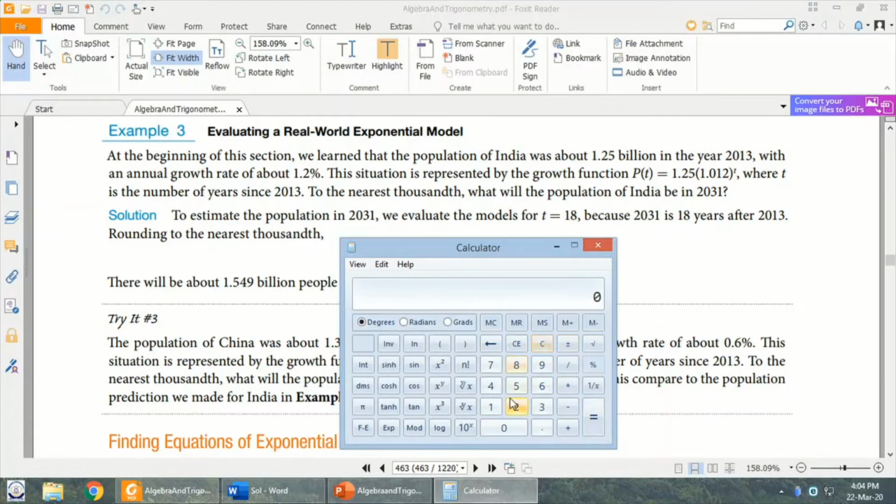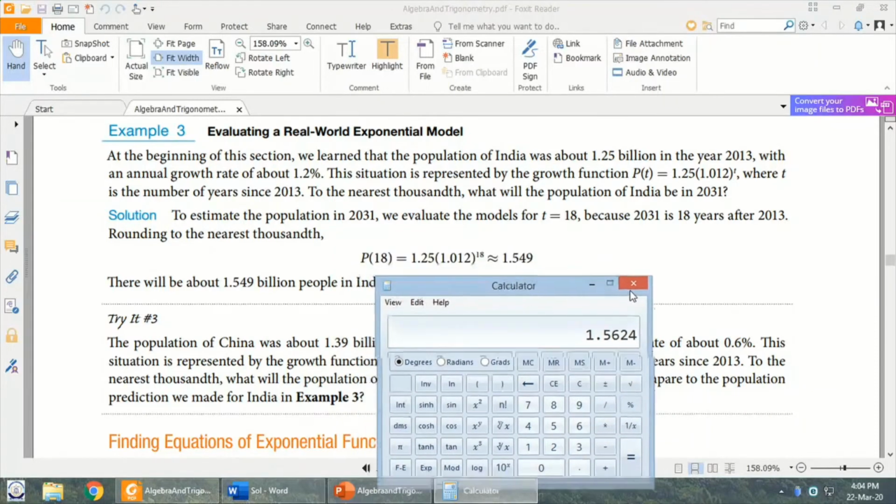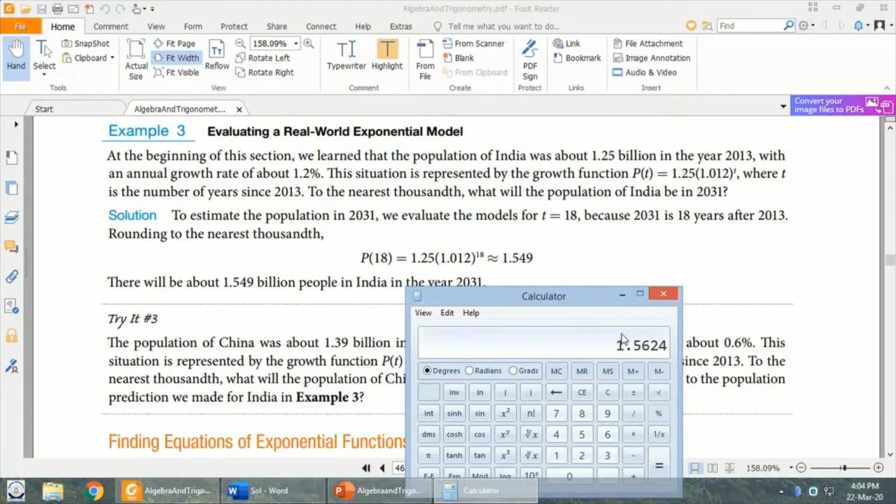It was 1.24 into 1.26, and you get 1.5624. So that means that initially it was 1.549, now it is 1.56.